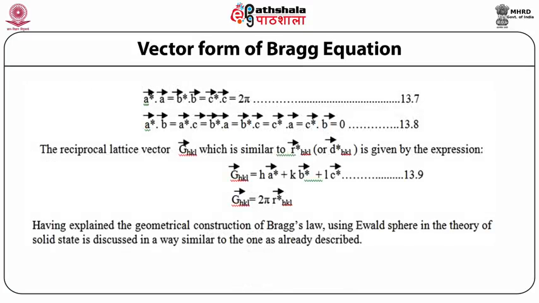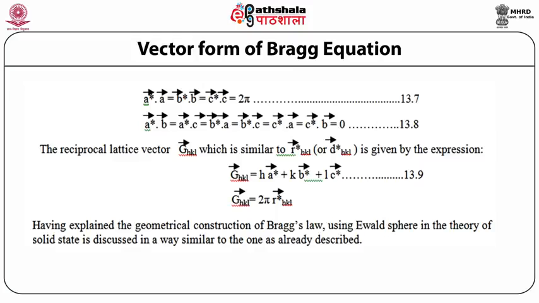A star vector dot A vector is equal to B star vector dot B vector is equal to C star vector dot C vector is equal to 2 pi, given as equation 13.7.